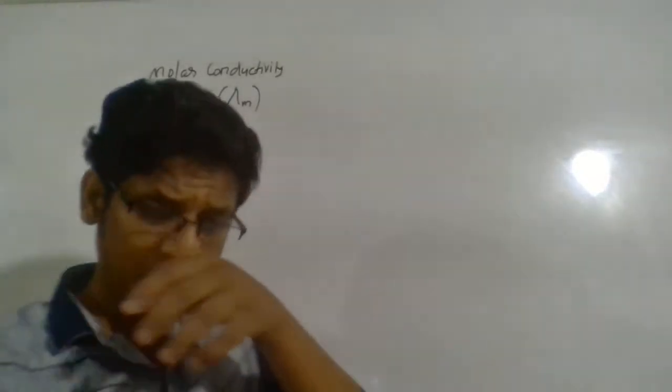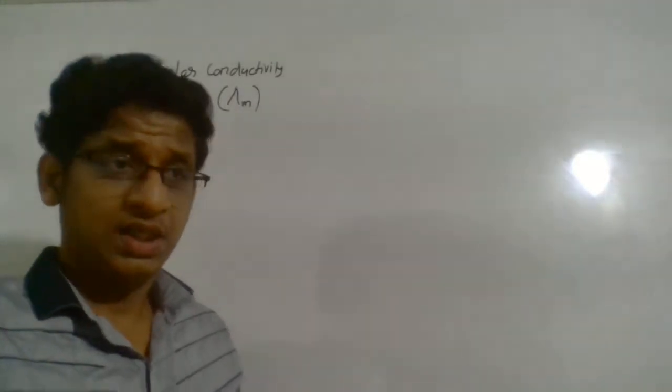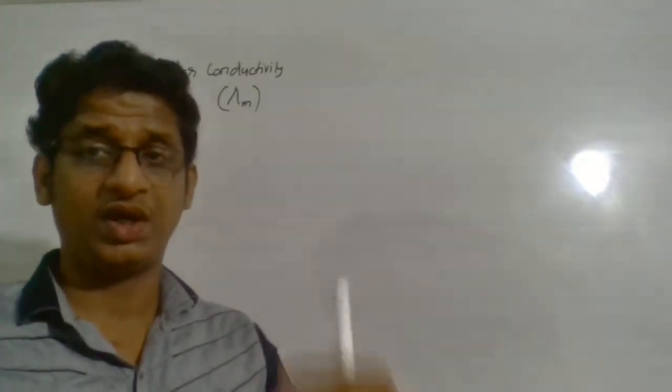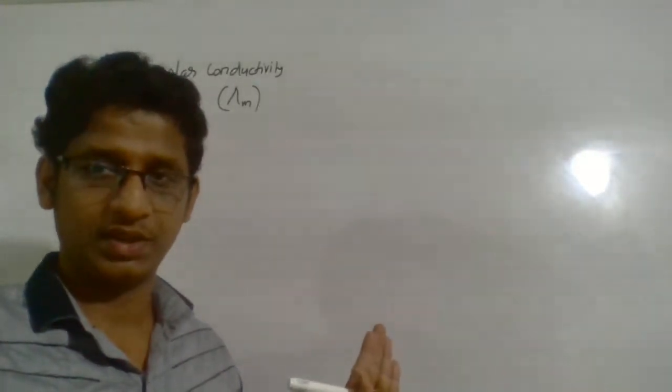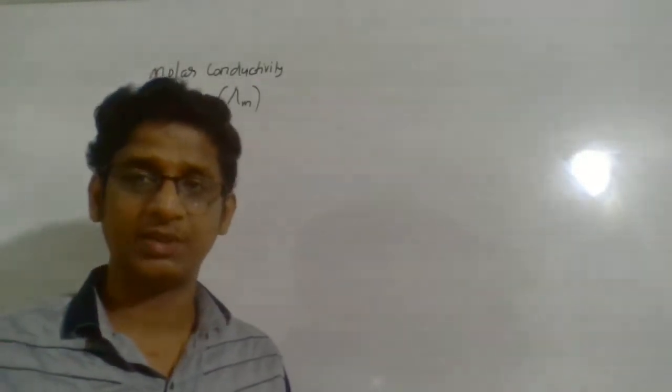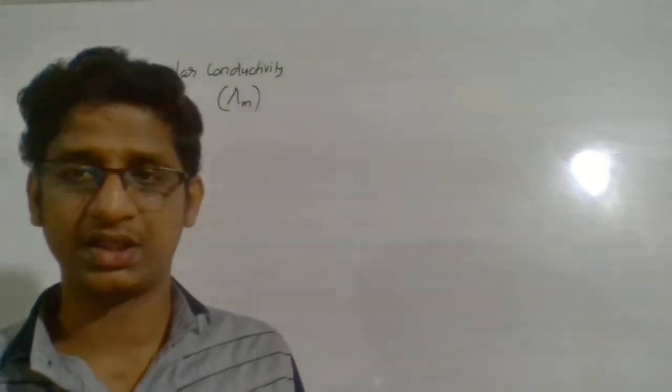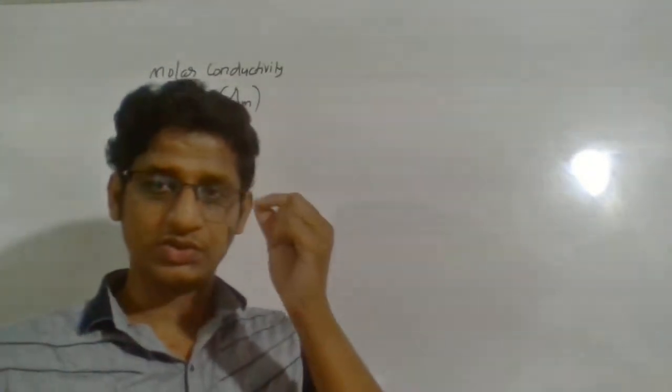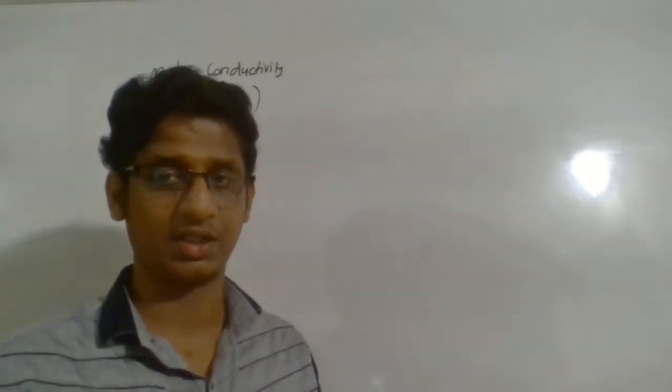It's a Greek letter. Just like equivalent conductivity, instead of equivalent, here it is 1 mole of an electrolyte. That's the only difference. The conductance offered by 1 mole of an electrolyte in a solution is the molar conductivity. So quite often we use molar conductivity.